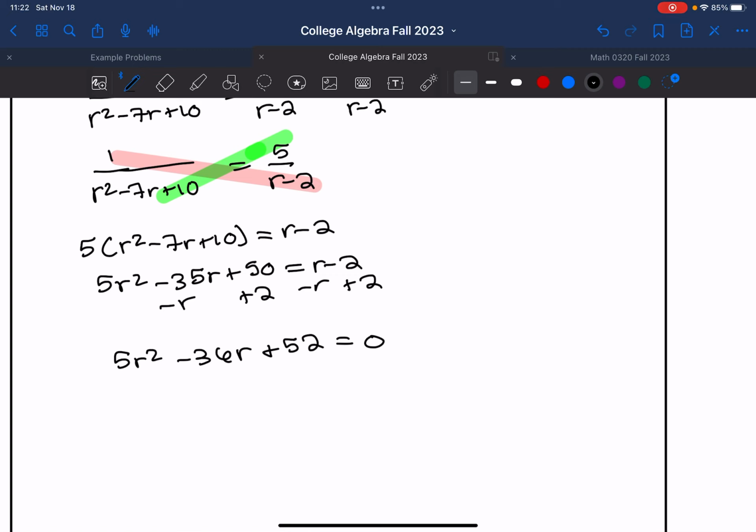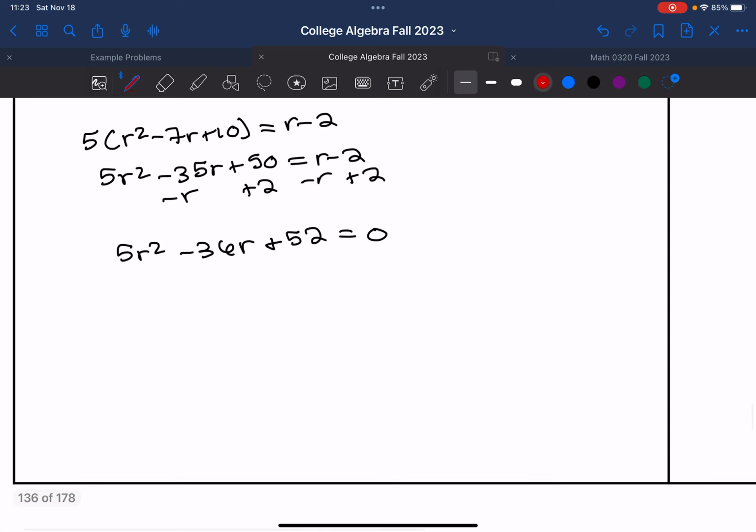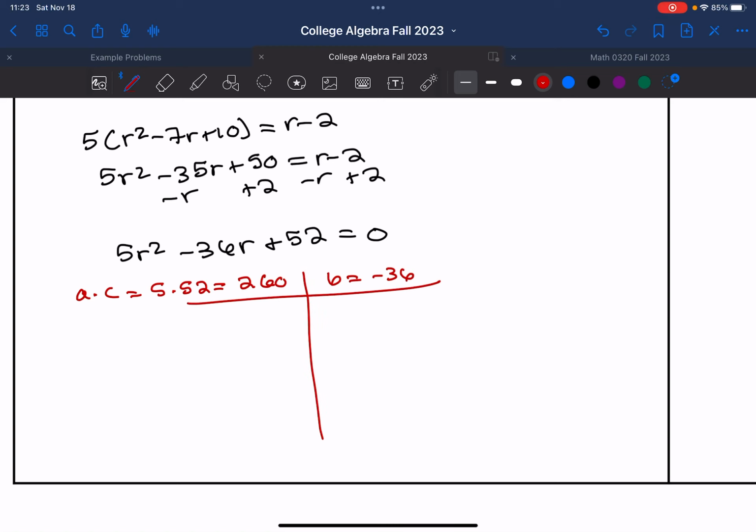From here, I'm first going to see if I can take out a GCF. So between the numbers 5, negative 36, and 52, there's not a number I'm able to take out. So I'm going to go straight to my AC method. So A times C is 5 times 52, which is 260. And our B value is negative 36. Okay.